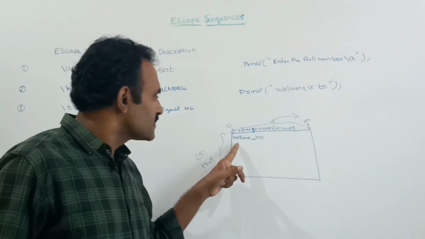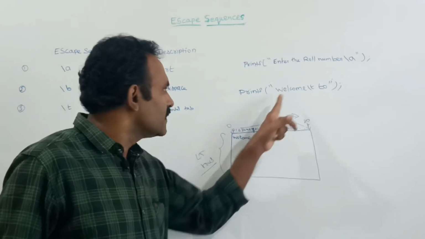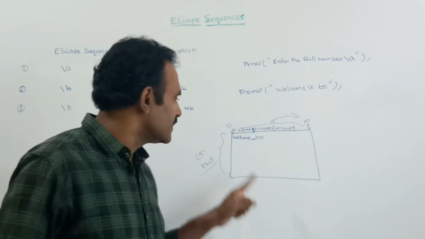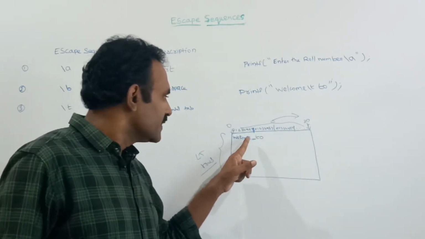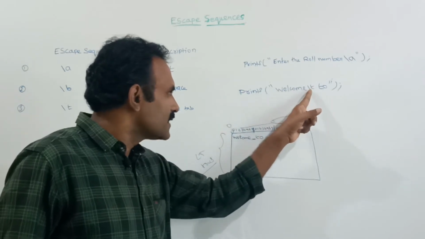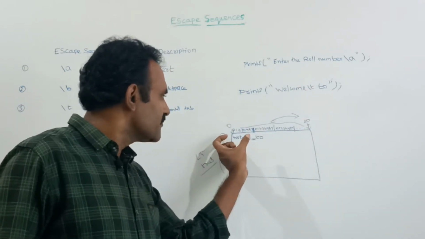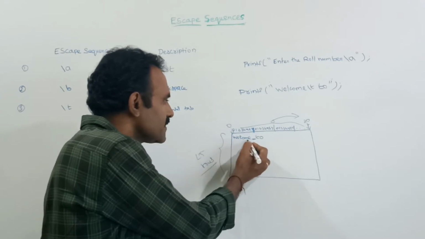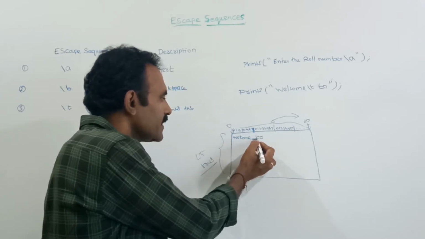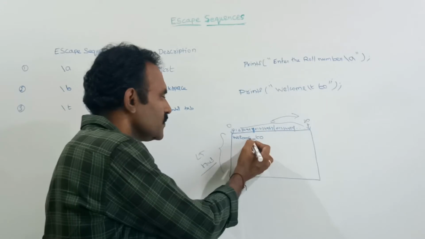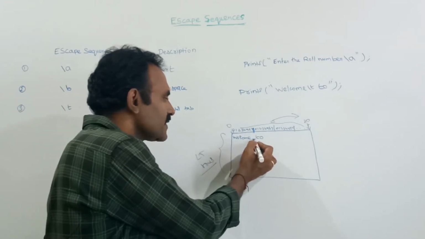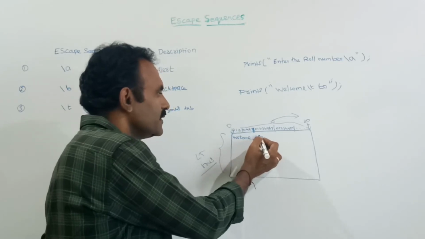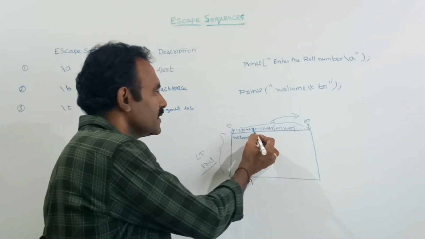In the first part, the welcome has only 7 letters, so slash t, when it sees the first position, takes up to 8 spaces, so it includes this welcome also. Only 1 space is left in between, and the 2 will start after the one space.